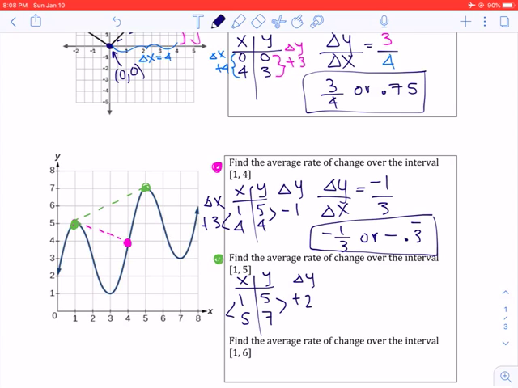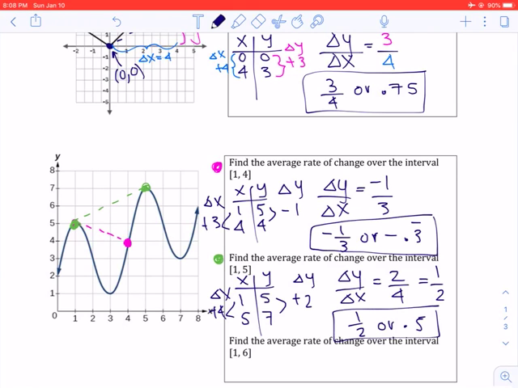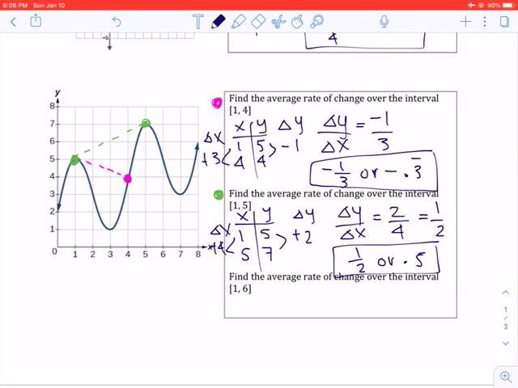And then for our interval, the length of that interval is 4, because to get from 1 to 5, I'm adding 4. And now we calculate our average rate of change, 2 divided by 4. So our average rate of change is 1/2, or 0.5. Very nice.